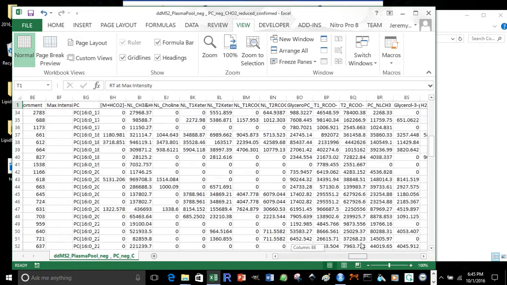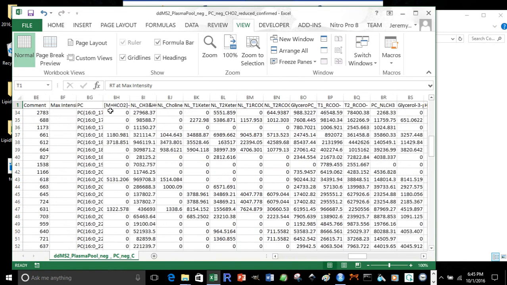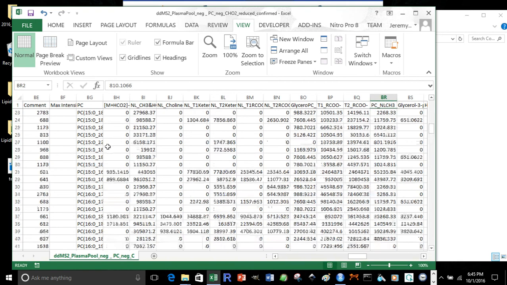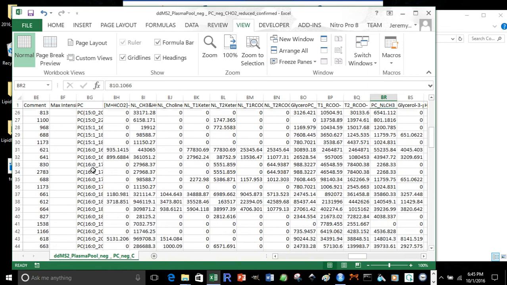Now, if we move through, we also see the maximum intensity of each of those fragments. So we can look and say, oh look, this ion 12:0_16:0, this is from plasma, is very low in abundance in its fragmentation. But if we were to look at 16:0_18:1, you can see that these ion intensities are much more abundant.